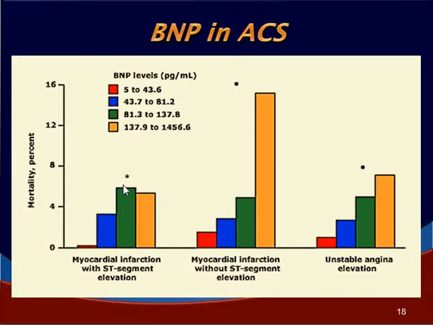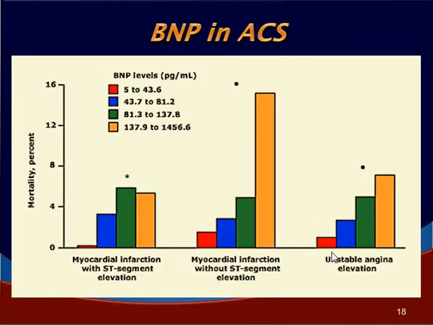Then the next higher value is green bars, next higher values are the yellow bars. When you see myocardial infarction without ST segment elevation, you see the maximum elevation in them. In those with ST segment elevation myocardial infarction, we don't see that much increase in the BNP, whereas in case of unstable angina also they are elevated.